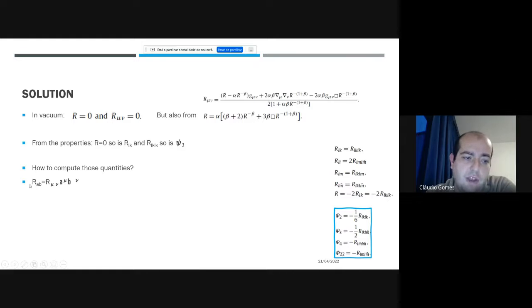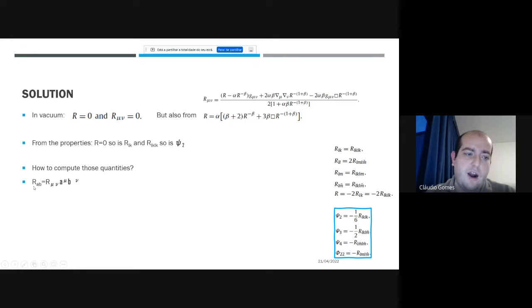So the Ricci tensor written in any vector of these bases is actually the Ricci tensor in the space-time coordinates, and each element of these bases has the corresponding index.